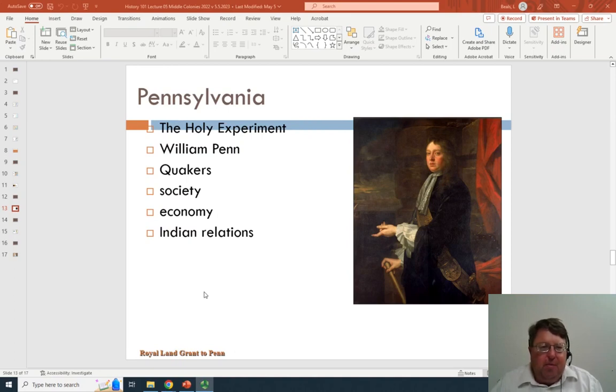Pennsylvania society becomes kind of divided between English Philadelphia merchants and German and Scots-Irish backwoods western Pennsylvania farmers. So when we get into the 1700s and look at the political battles of the 1700s, the American Revolution, the ratification of the U.S. Constitution, Pennsylvania is an interesting case.